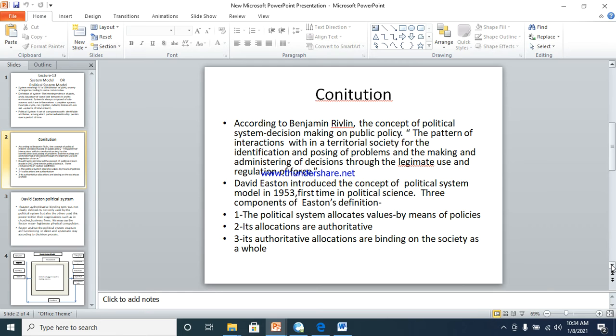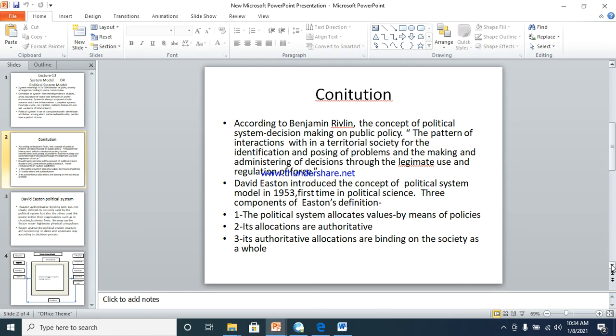David Easton introduced the concept of political system model in 1953, the first time in political science. The model which we are discussing is the David Easton model of political system.